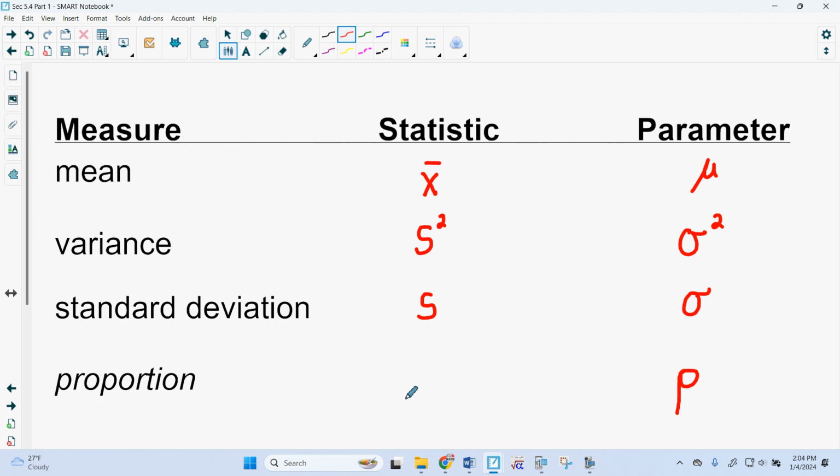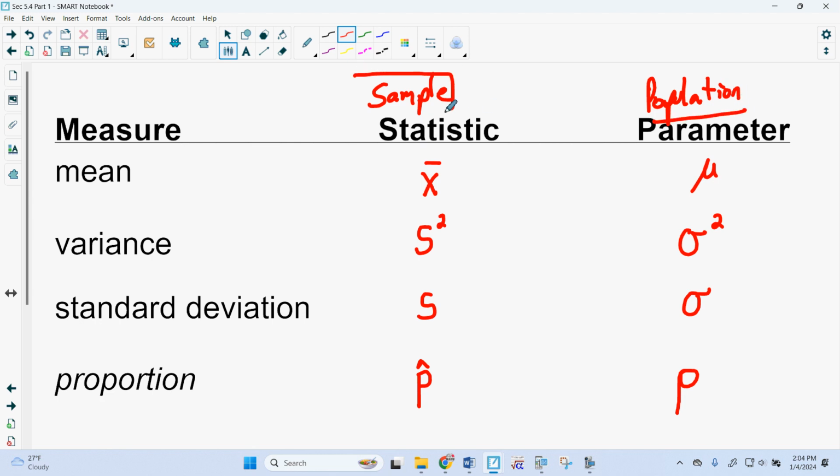But then we need something for our statistic for the proportion. Because we don't want to use p, even though that's technically a Greek letter, for our sample statistic proportion we will use p hat. So these come from our sample, and these come from our population.